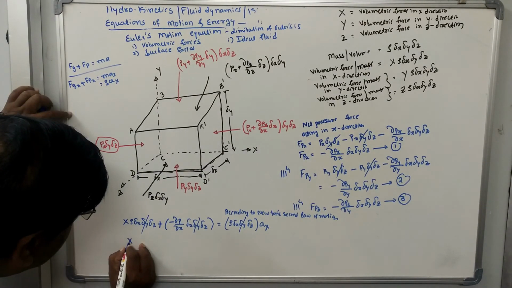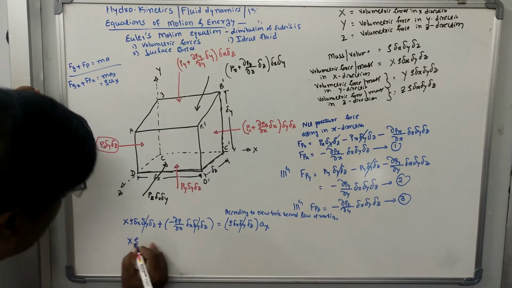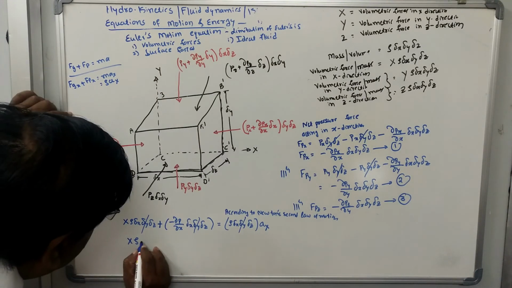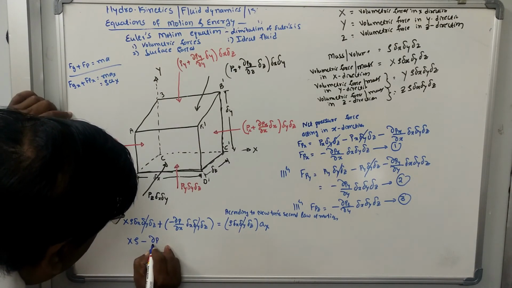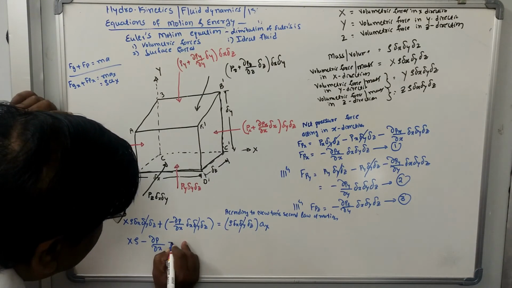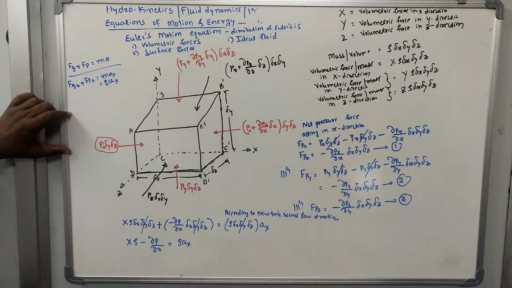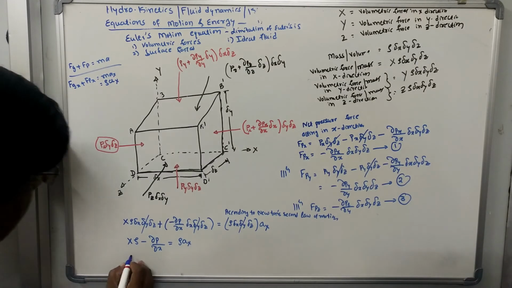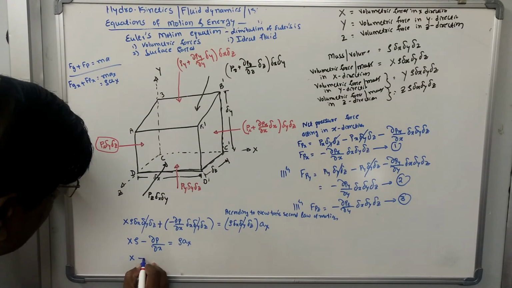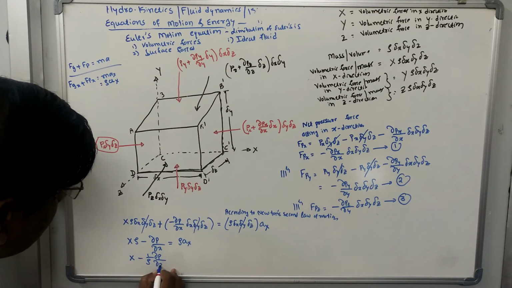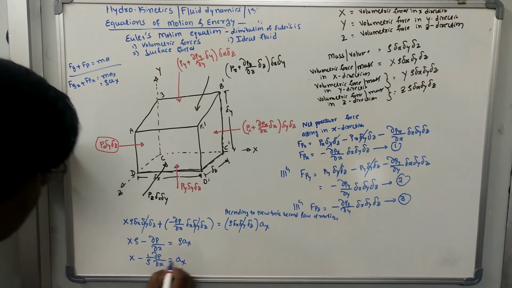So X minus 1 by rho ∂p/∂x is equal to ax.